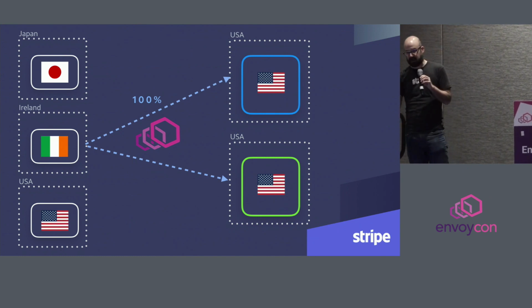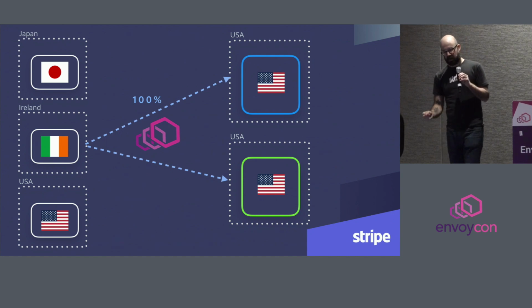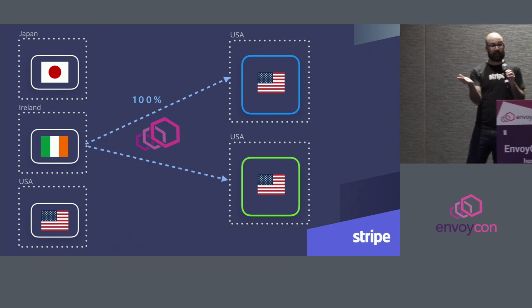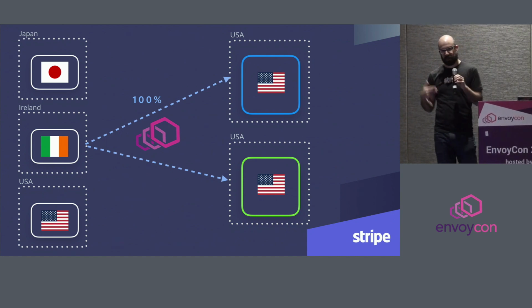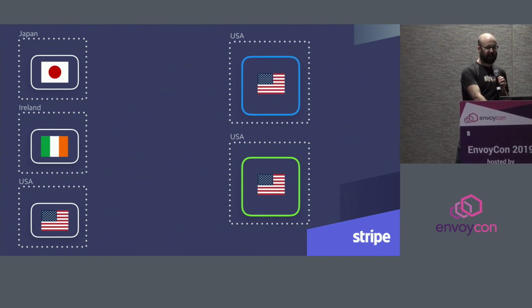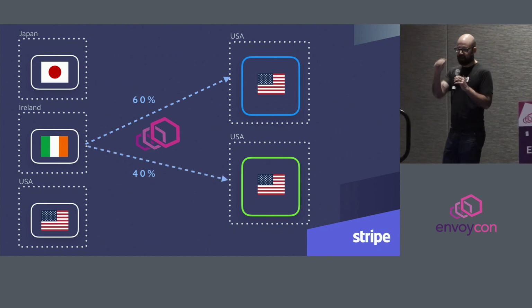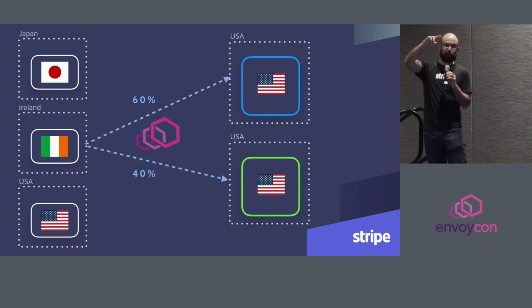That leaves you free to deploy new software to your other copy, the green copy, and then shift traffic at your leisure to test things out, make sure everything looks good, there are no bugs, and you can gradually ramp traffic to your new software version, maybe something like this, until eventually you're free to deploy back to blue.